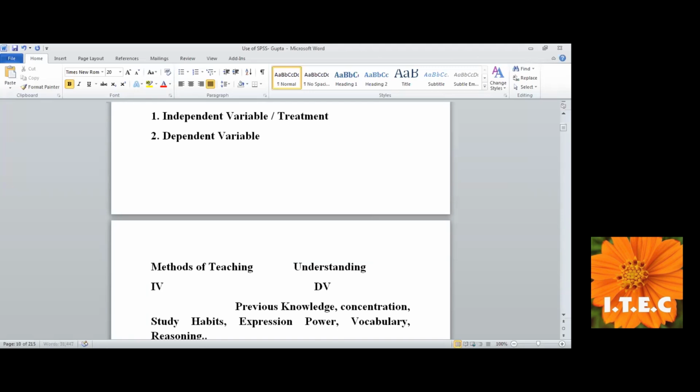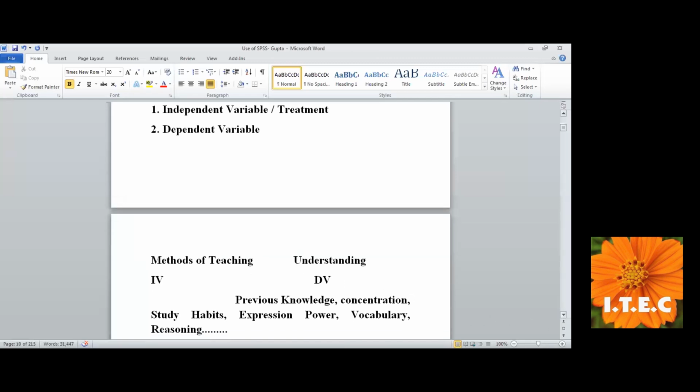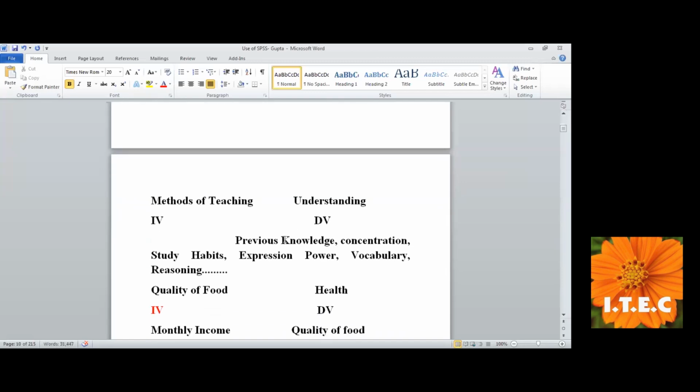So the understanding of the student may change due to the methods of teaching used by the teacher, but it may also change because of their previous knowledge, the concentration, the study habit, the expression power, the vocabulary, the adjustment, etc. There are many variables.